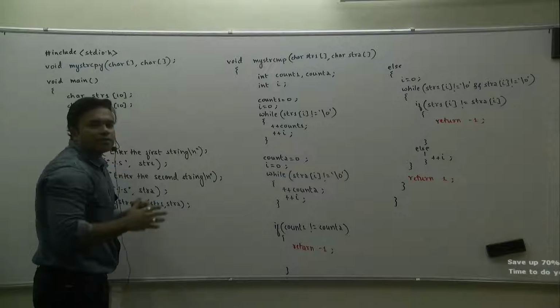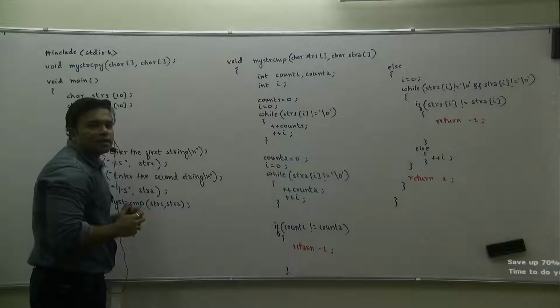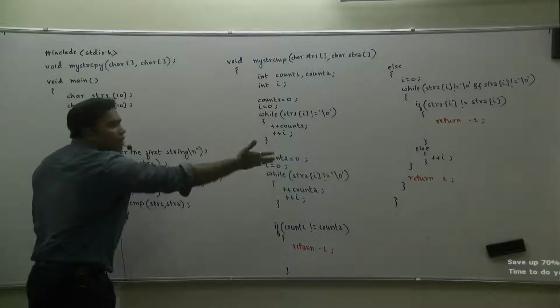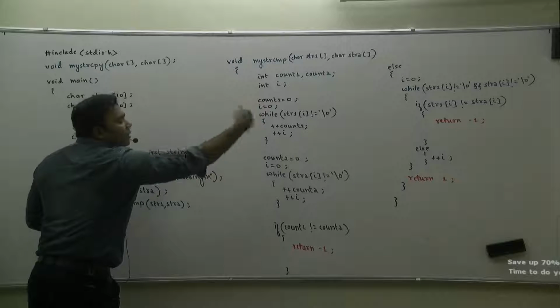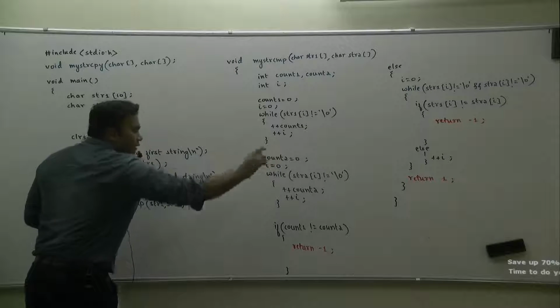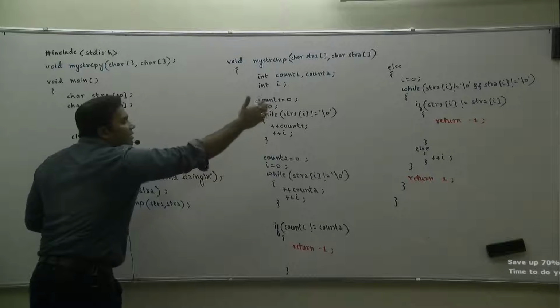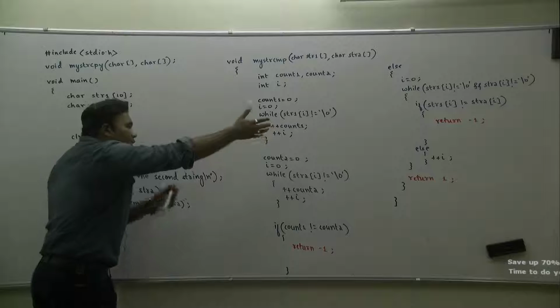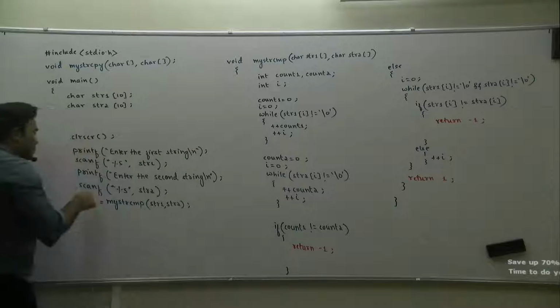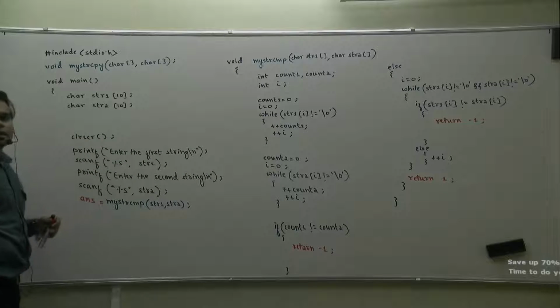All the 3 returns will never work simultaneously. If this works, those 2 don't work. If this doesn't work, only the second will get a chance. If that works, the third doesn't work. Like that only. If the first and the second return don't work, then finally the last return works. So one of them only will work, but whatever let it return, 100% it will come and sit in answer.